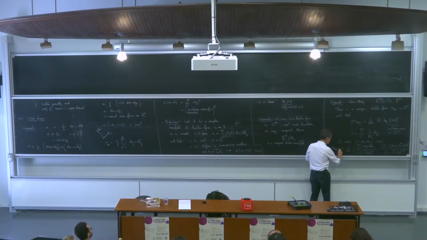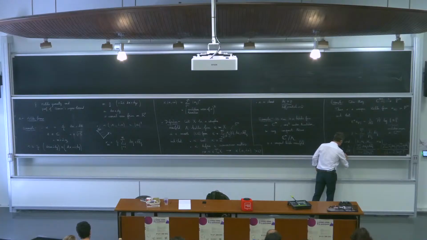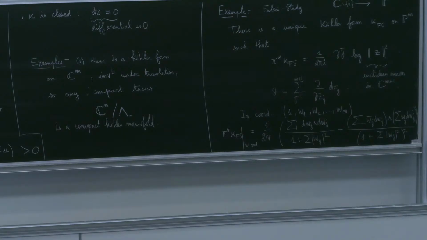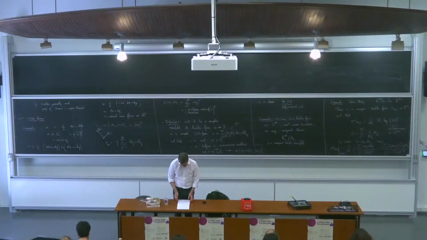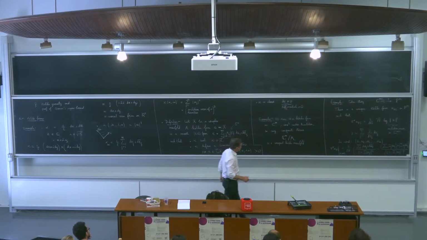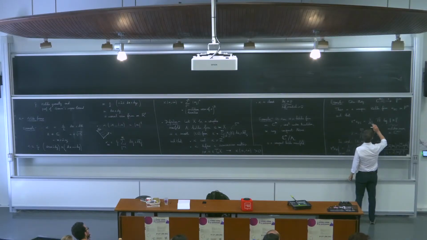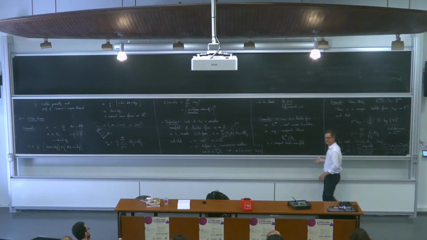That's a pullback of the Fubini-Study metric restricted to the w coordinates. I hope I didn't make any mistake. In fact, in my notes I wrote this, so maybe I'm making a mistake on the blackboard.